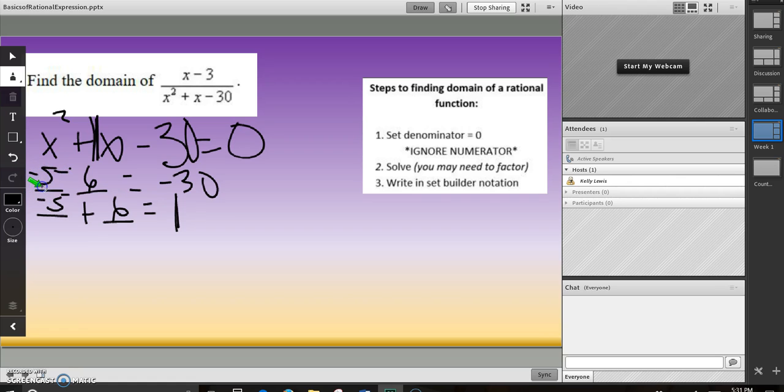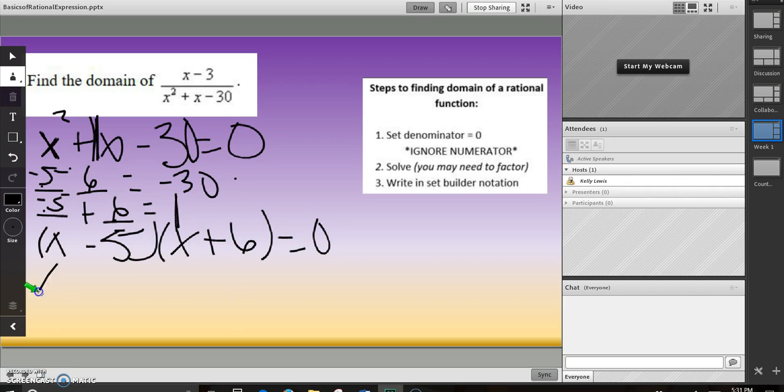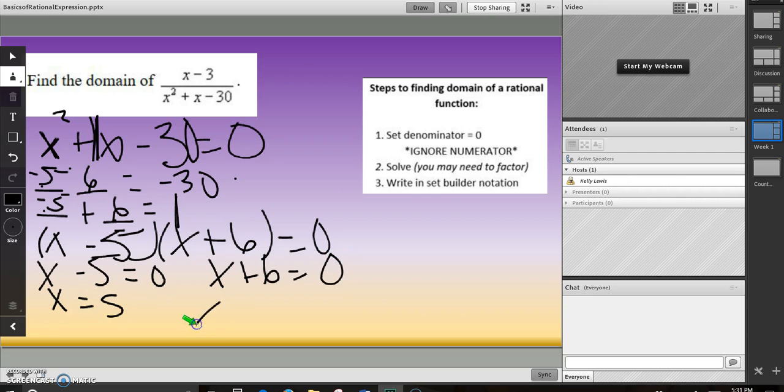Let's check it. -5 times 6 is -30, and -5 plus 6 is 1. There's nothing in front of that x squared, so I can just write x minus 5, x plus 6 equals 0, and then set each factor equal to 0. I'm going to add 5 to both sides, and subtract 6 from both sides.